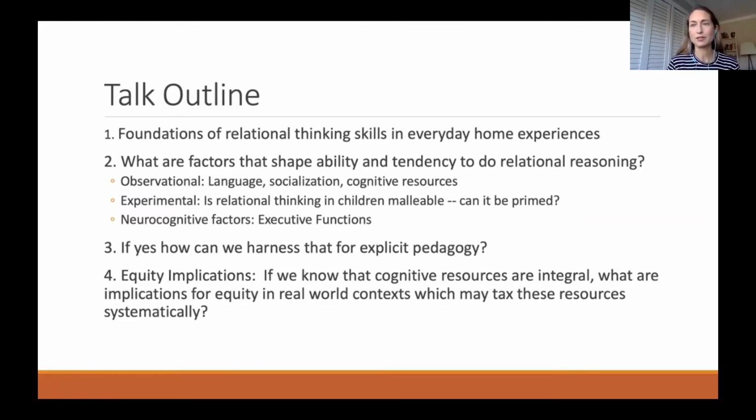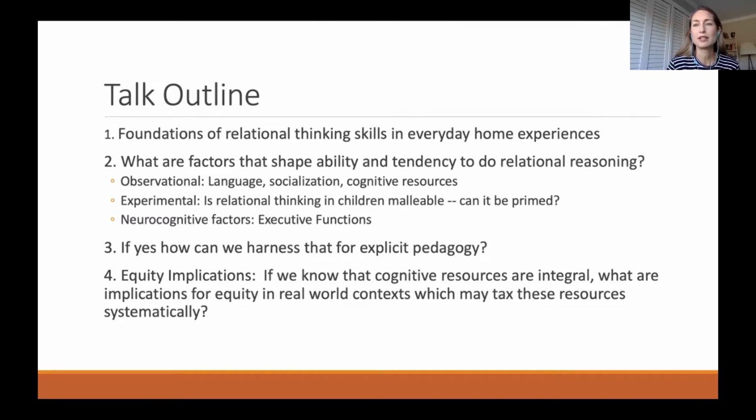These are things that I and others have talked about a lot in the past, but I'm going to talk about some insights that we've been building. One is through observational data, looking at how everyday language practices and socialization are related to these factors, as well as cognitive resources.